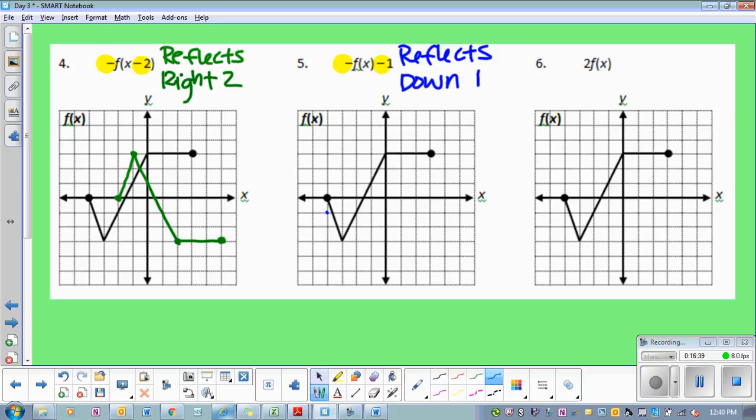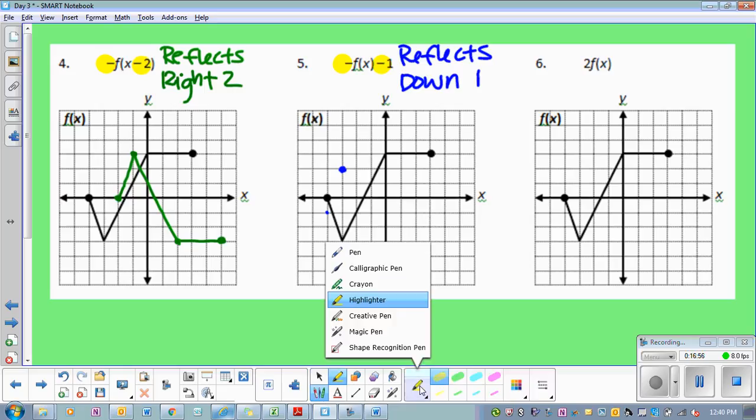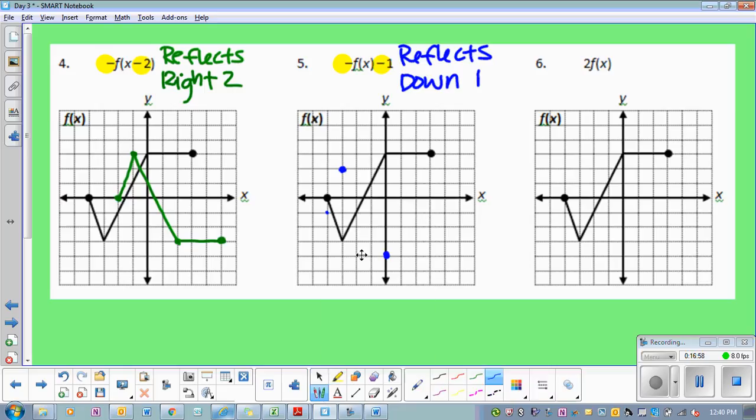This one reflects and then down 1. This one reflects, 1, 2, 3, and then down 1. And this one reflects, 1, 2, 3, and then down 1. Okay.